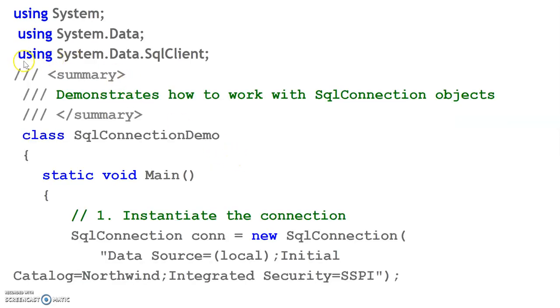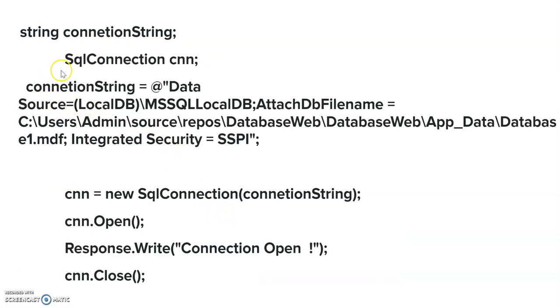Okay, in this you can see we have to add using System.Data.SqlClient. It is compulsory that we import that package, and then we can perform these database operations. So see here, SQL connection CNN. Now connection string is a string; this is one simple way that you can store this connection string.